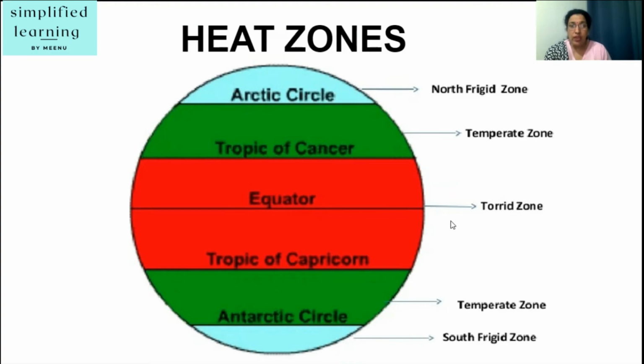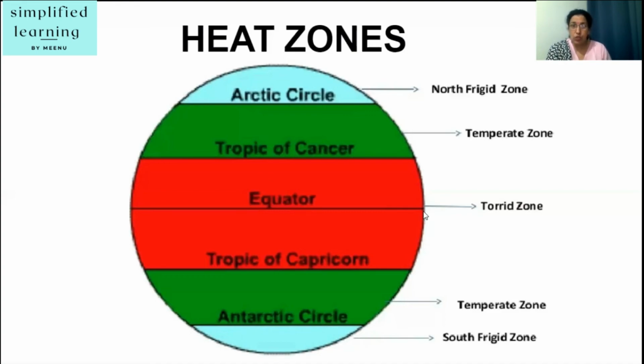Clear? So when the direct heat of the sun is falling, what happens? The intensity of heat is more. We can compare during the day also. At 12 o'clock, what happens? The sun is overhead, so it is the hottest part of the day. But in the morning and evening, we are getting the slanting rays of the sun, because the sun is at a particular angle.